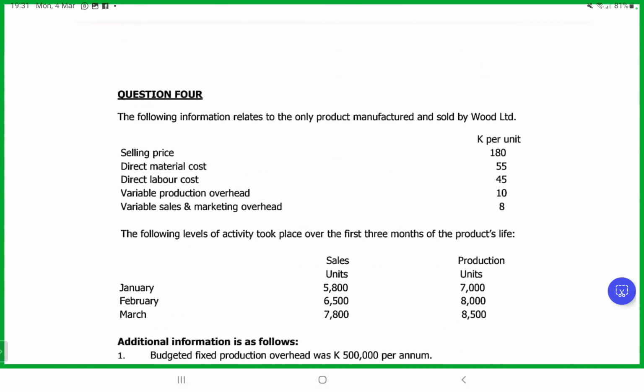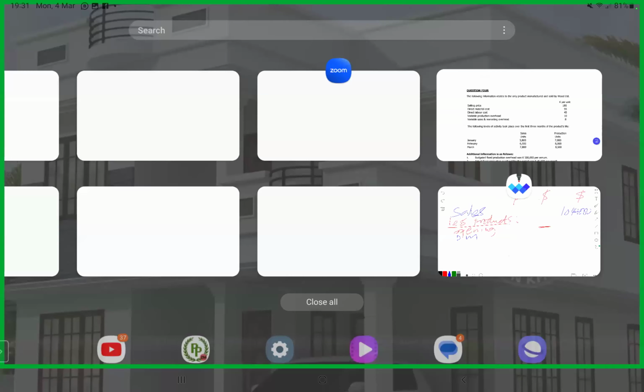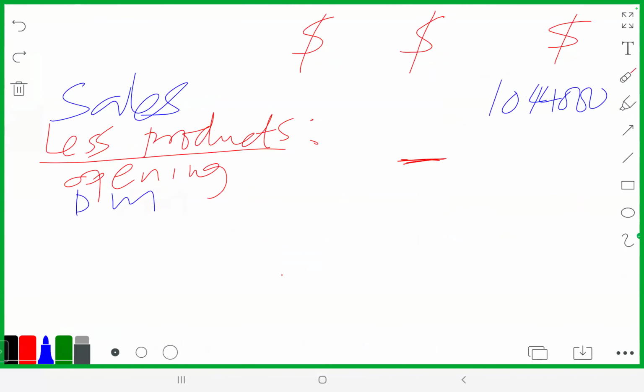You multiply by 55, and that gives us the direct material cost of 385,000.